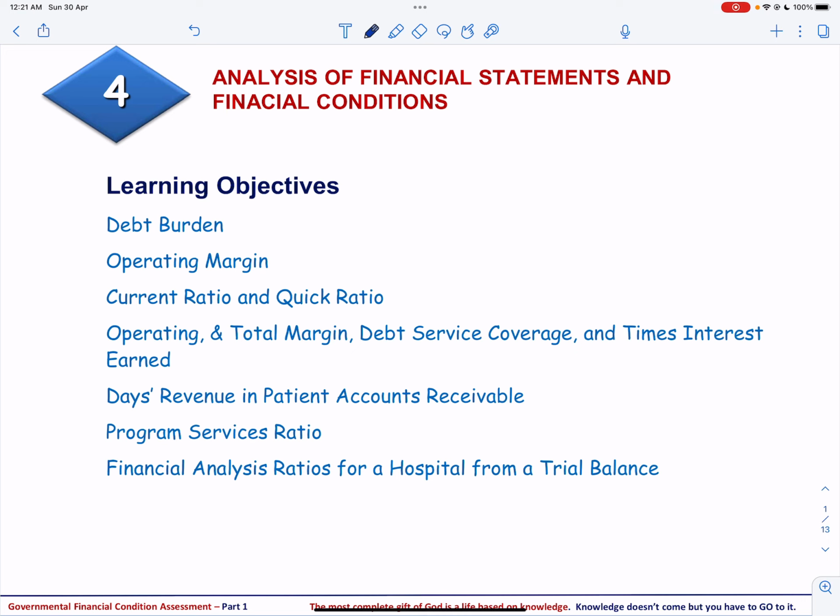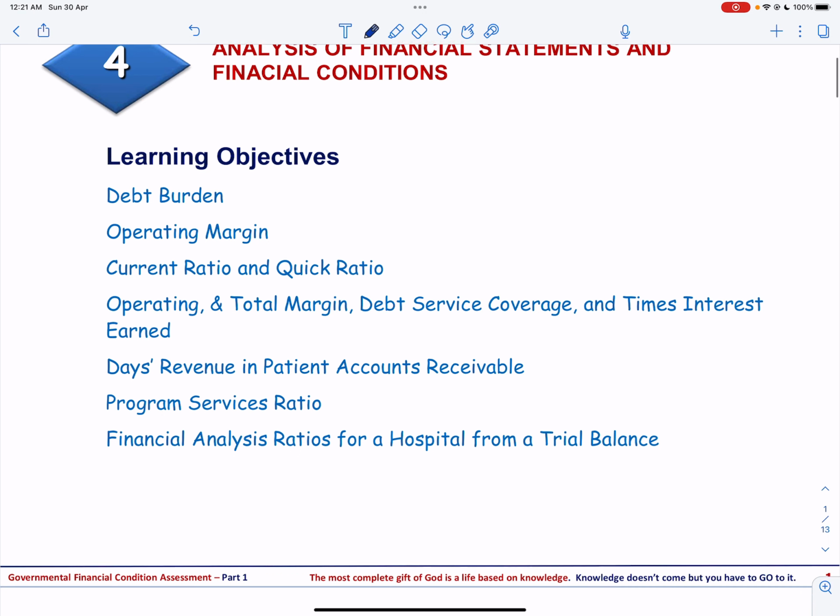We will also calculate days revenue in patient accounts receivable, program services ratio, and finally a comprehensive exercise on financial analysis ratios for a hospital from a trial balance.